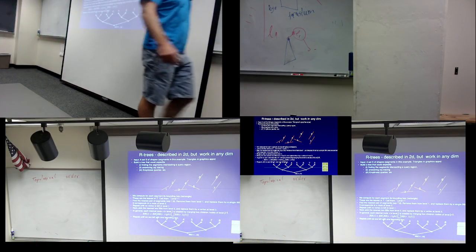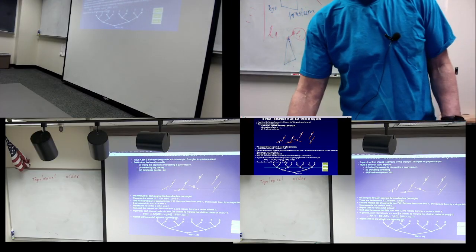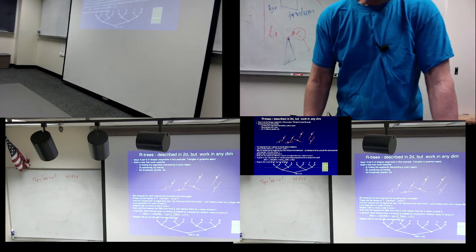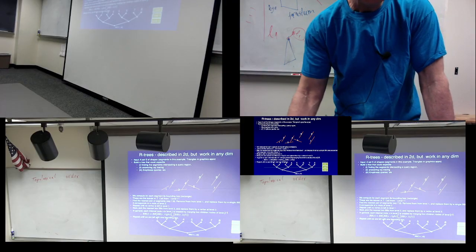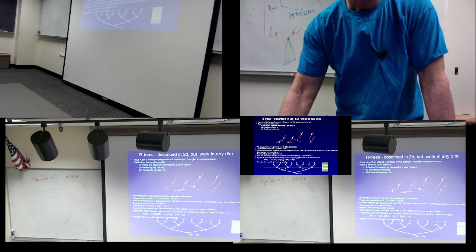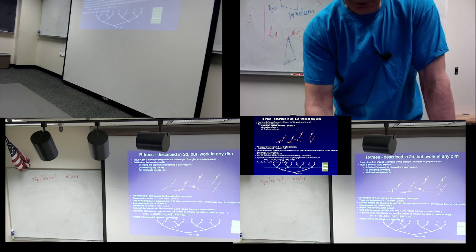So let me tell you what an R-tree is. I'll tell you about it in 2D, but it works very well in every dimension. What is the input to the R-tree? The input is a set S of shapes, segments, triangles, and so on. And I want to build a tree in the following way.